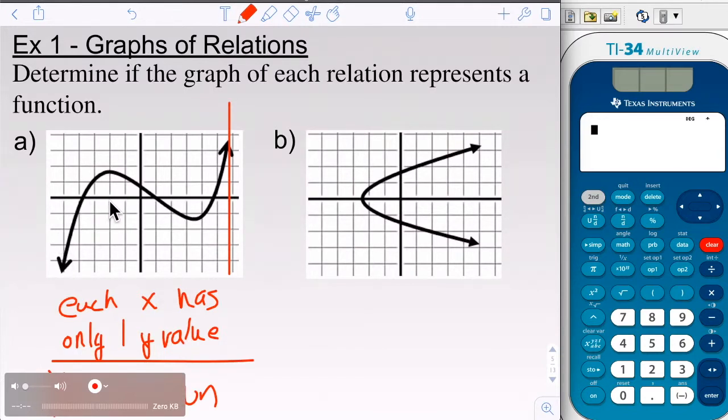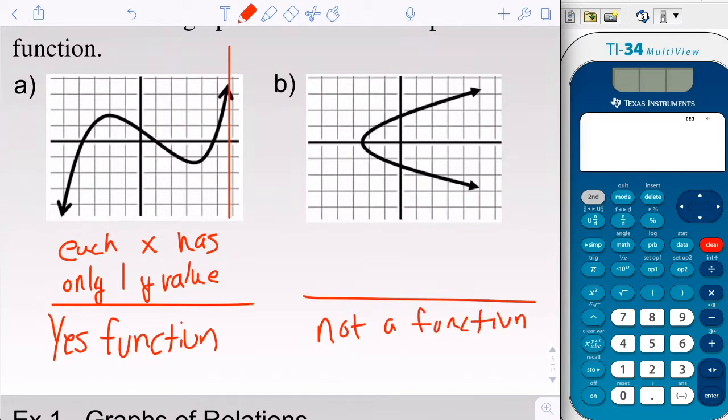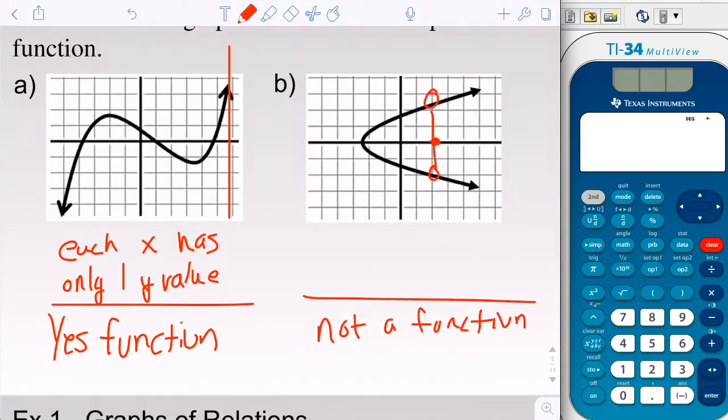Like this x value here, -2, only has one y value. This x value only has one y value. By comparison, letter B is not a function, and I'm going to show both reasons why. First, this x value has two different y values.